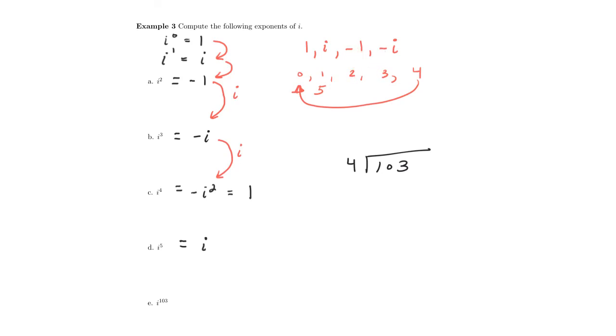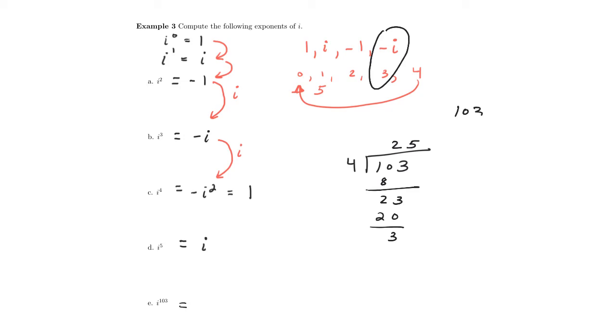So let's see, how many times does 4 go into 103? Well, it goes into 10 twice. Now we get 5. And we have our remainder of 3. The answer here is going to turn out to be negative i.